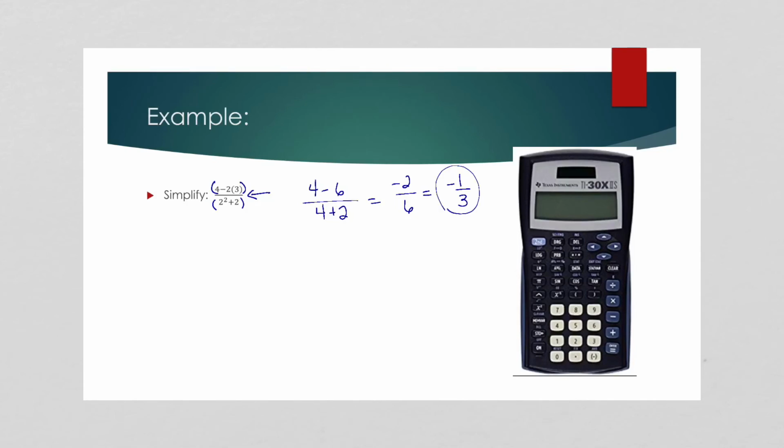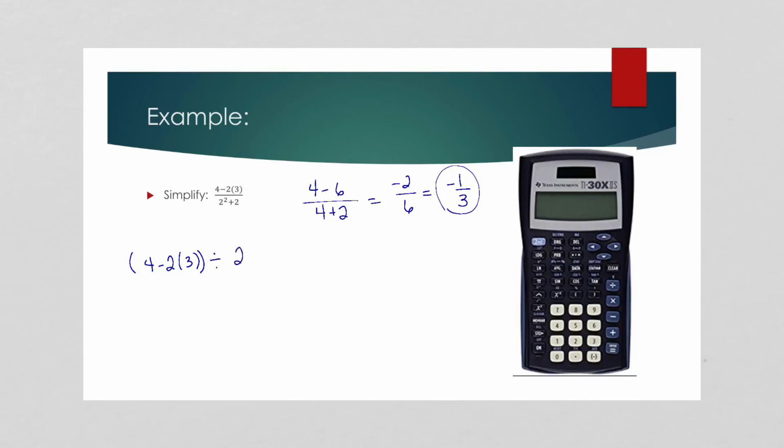Now, if you were typing this problem into the calculator, you do have to type in those parentheses. So you have to type in parenthesis 4 minus 2. You can do another parenthesis, but notice I have one closed parenthesis and I have an open parenthesis that doesn't have a closed parenthesis. So you have to put another closed parenthesis there. Then you can hit the divide button.